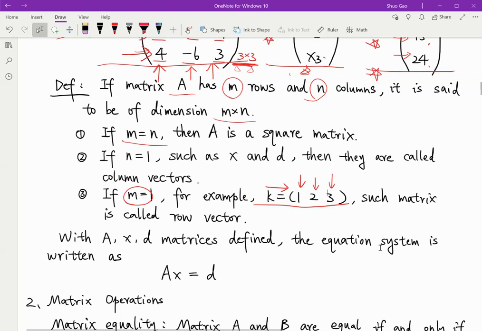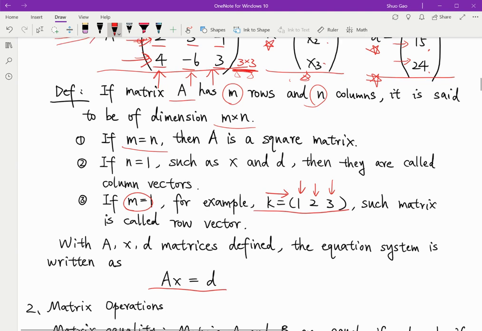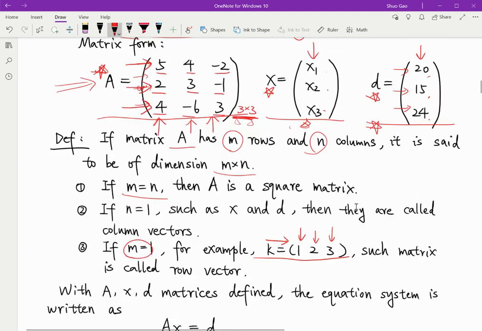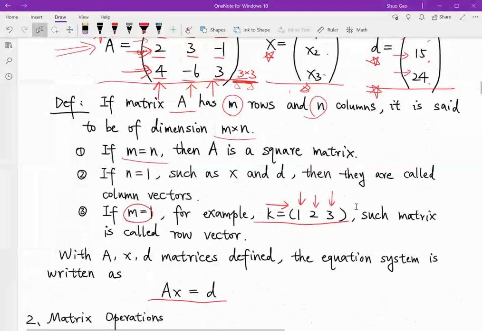Okay, so after we know A, X, and D, we can rewrite the entire equation system as A times X equals D. We haven't talked about matrix multiplication here, but we'll talk about that later on.